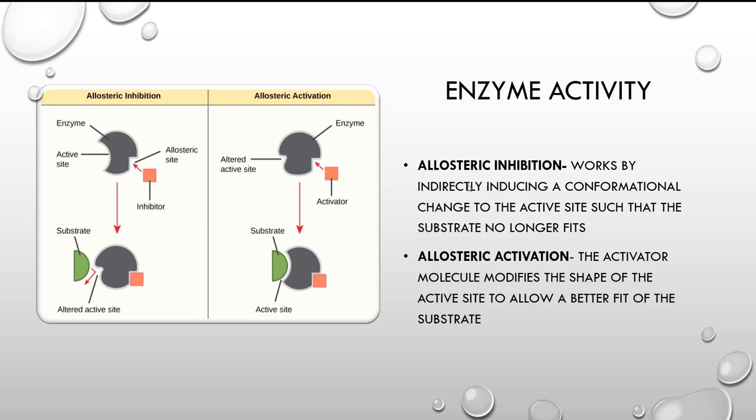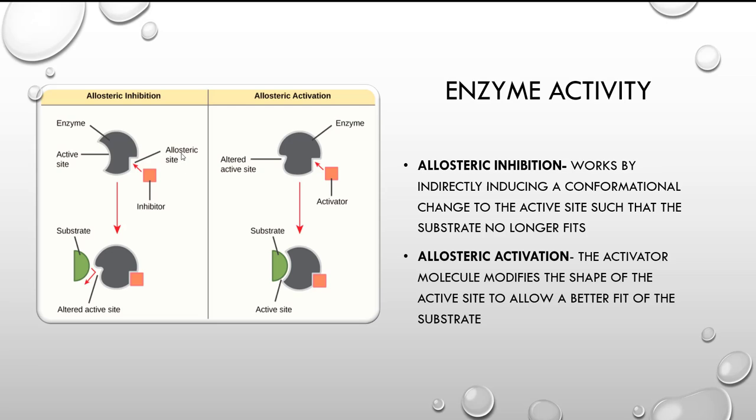We talked about allosteric inhibition. So again, here we have our enzyme. Here's the active site where the substrate is supposed to bind. If we have non-competitive inhibition, that means the molecule, the inhibitor, is binding to another area outside of the active site on the enzyme.